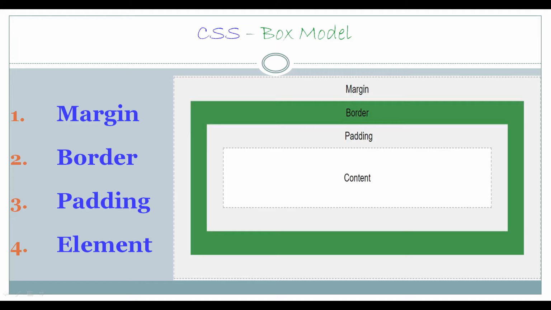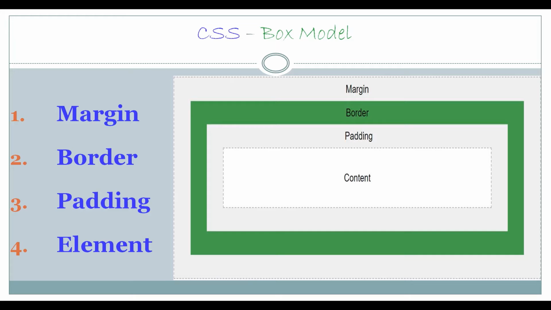As you can see here, in the middle we have the content itself, for example div, whatever element that you want to include in your div. It could be a heading, a paragraph, or any other element. And outside of your content you have your padding, which is the space between your element and the border of that element.